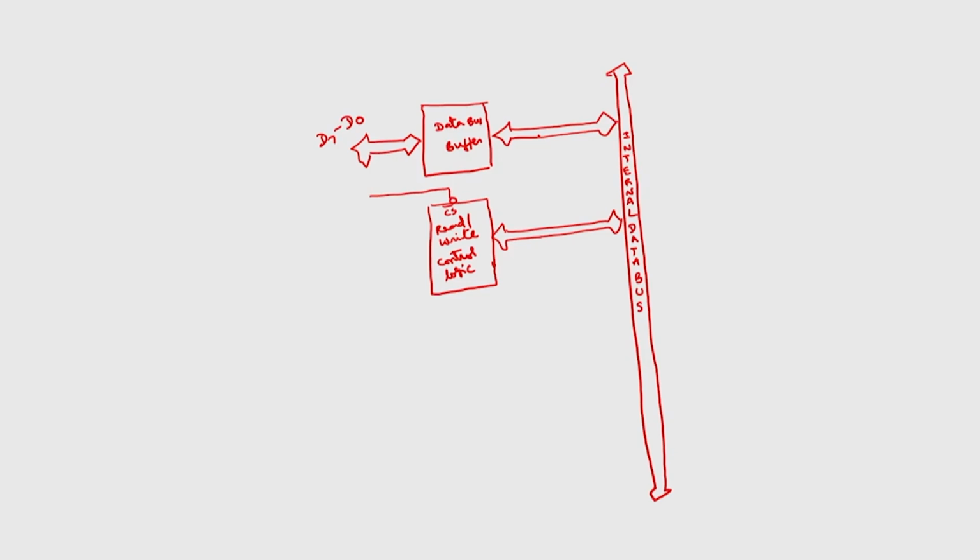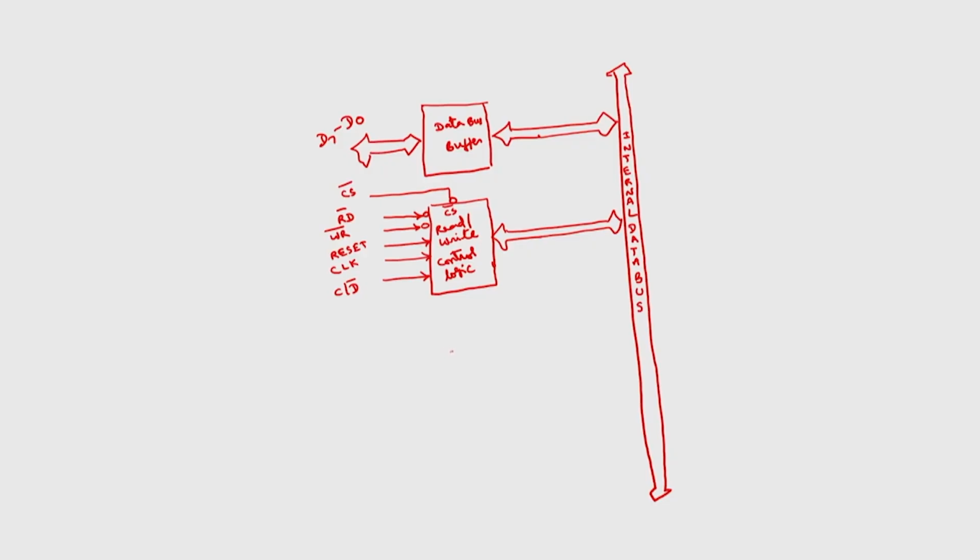Then, as the name implies, we have read bar signal, active low, write bar active low, and the various control signals: reset signal, then clock, then the C by D bar signal. I will explain what is meant by this C by D bar signal, and this is chip select signal. So, totally we have 6 different signals for this particular block.